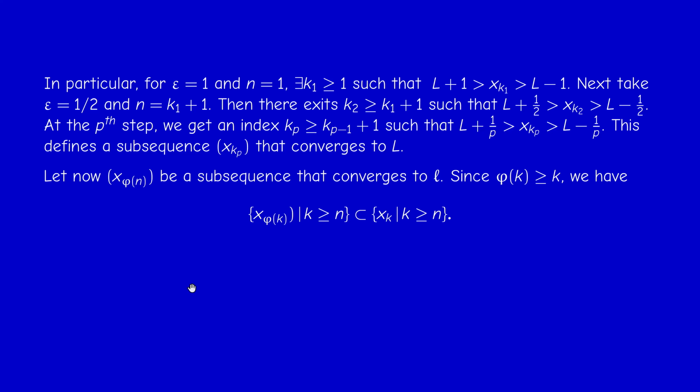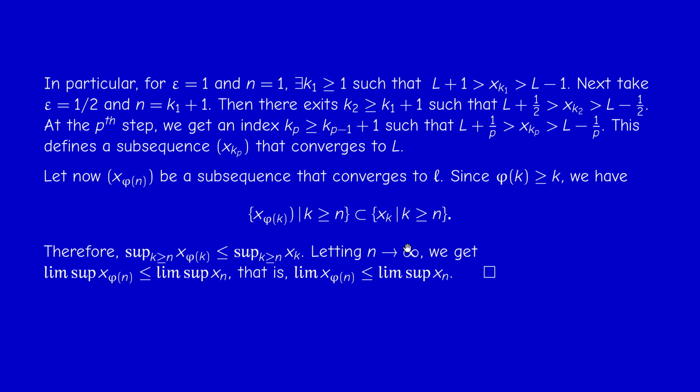So in particular, the set xmn first term, xmn plus 1, xmn plus 2, etc. is contained in the set xn, xn plus 1, xn plus 2. So this is a subset because it's a subsequence. And now when we take the sup, the sup conserves the orientation. So sup of x phi k for k bigger or equal than n is less or equal than the sup of xk, k bigger or equal than n.